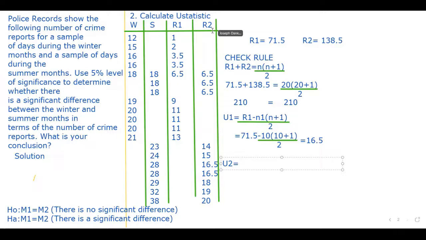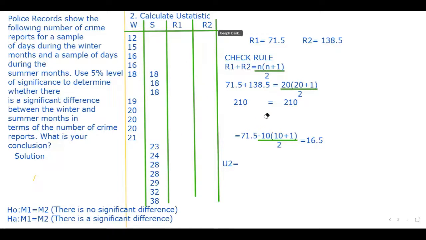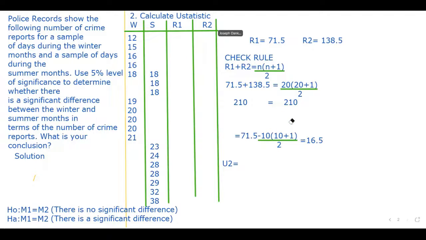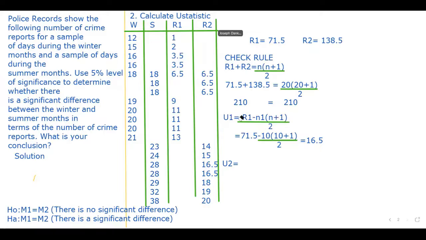You see this line, the green line here? How do I change this? The 2 here does not affect the R1.